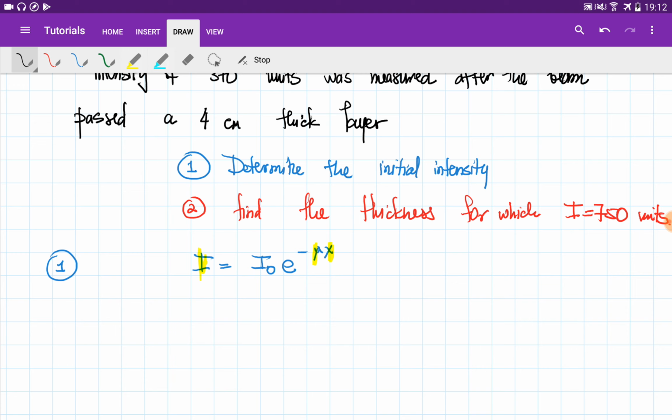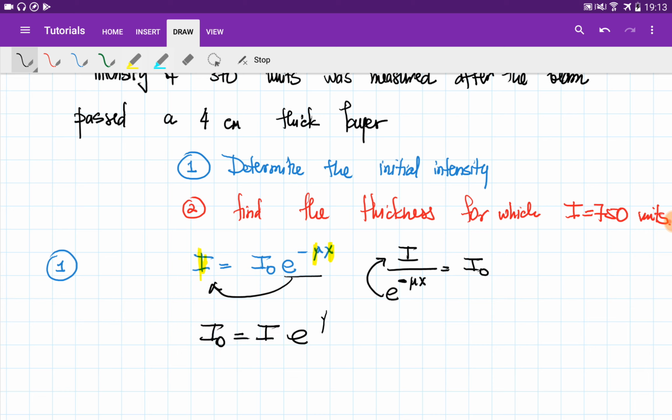In order to find I0, this e should go to the other side. I just need to divide both sides by e to the power of minus mu x. So it's going to be I over e to the power of minus mu x is equal to I0. Since the e is to the power of minus mu x, it can just go up. So I0 is I multiplied by e to the power of plus mu x.